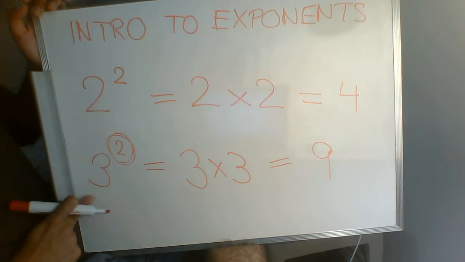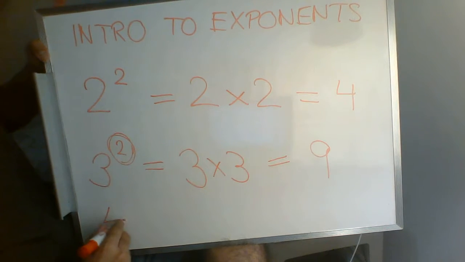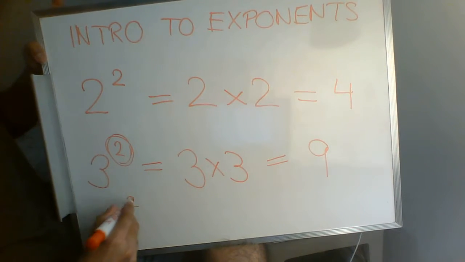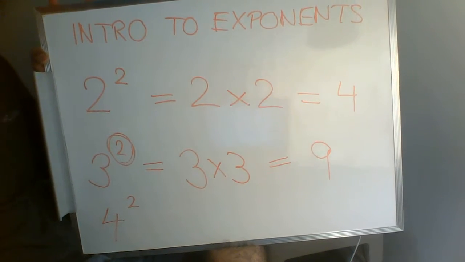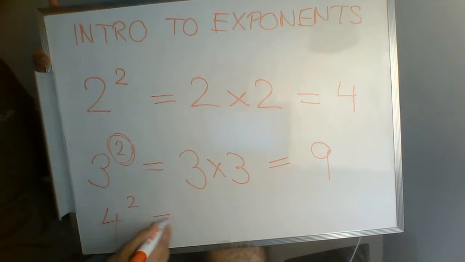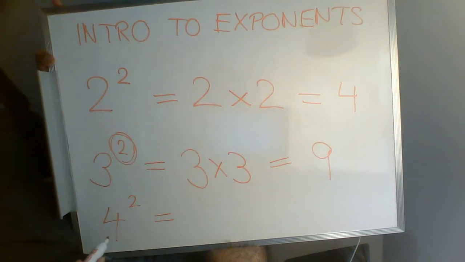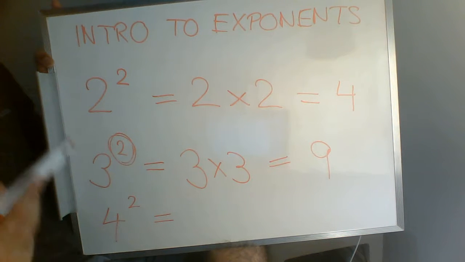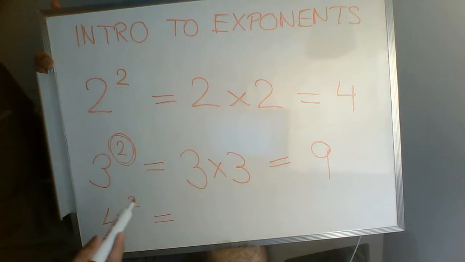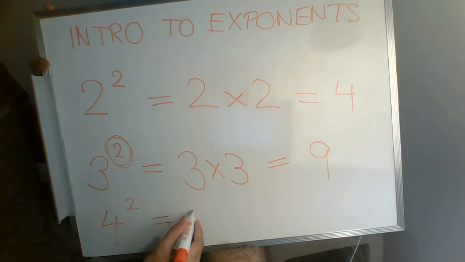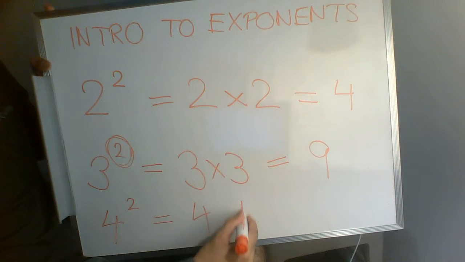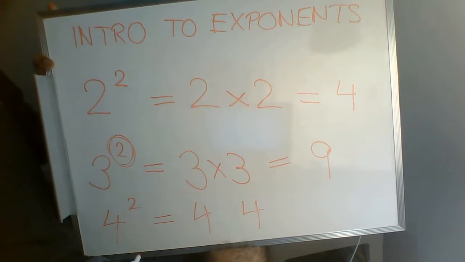We'll do one more example that has an exponent of 2 again, and then we'll move on to using a different exponent. So here our base is 4 instead of 3 or 2 like we had before. Our base is 4 and our exponent is still 2. So hopefully you're catching on now. We're going to write down the base a couple times.